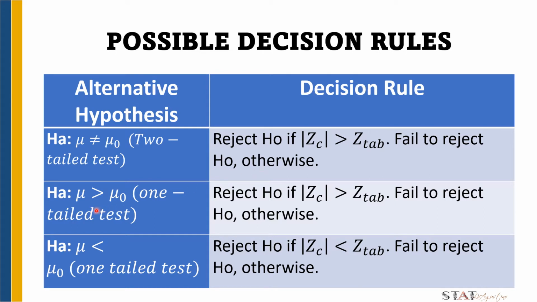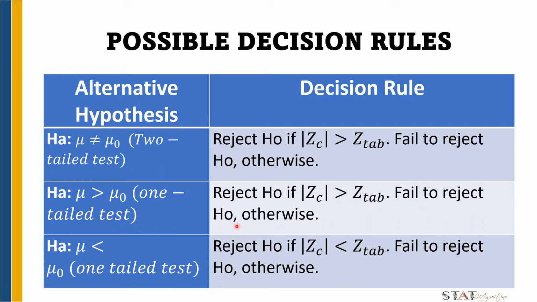If your alternative hypothesis states that mu is greater than mu sub 0, then it is a one-tailed test. Reject H0 if your computed value of Z is greater than Z tabulated.